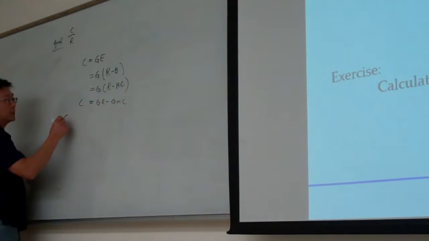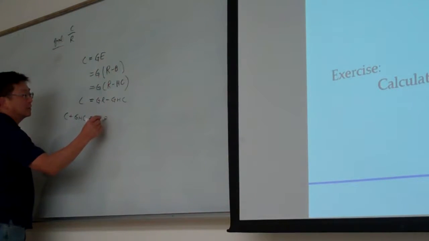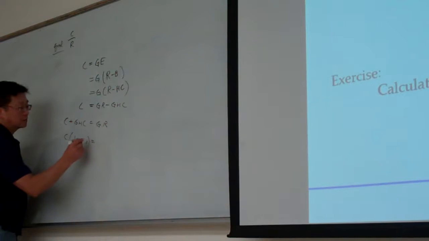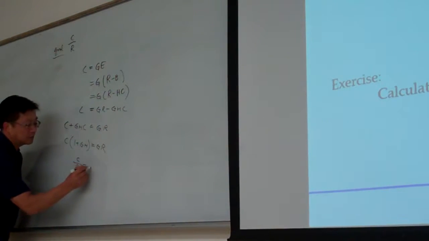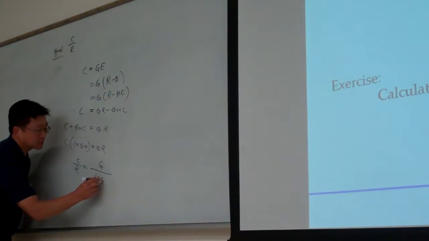So therefore, C plus GHC equal to GR. So therefore, C(1 plus GH) equal to GR. So therefore, C over R equal to G over 1 plus GH.